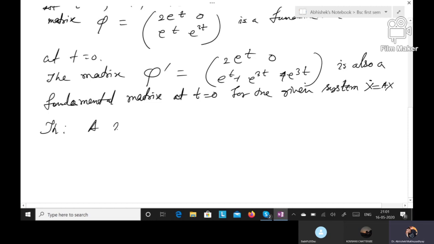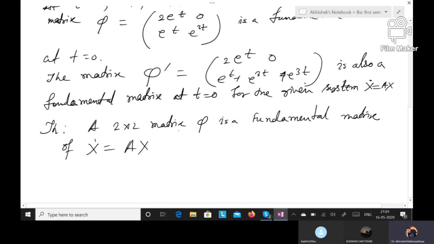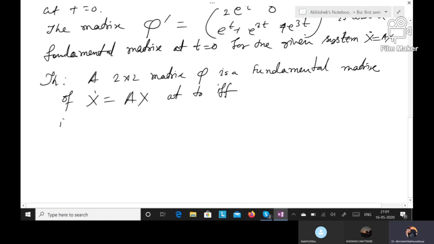The statement is: a 2 cross 2 matrix phi is a fundamental matrix of a system x dot equal to Ax at some t0 if and only if the following conditions hold. Number one, phi is also a solution of the system x dot equal to Ax.